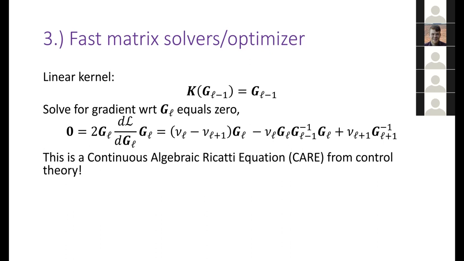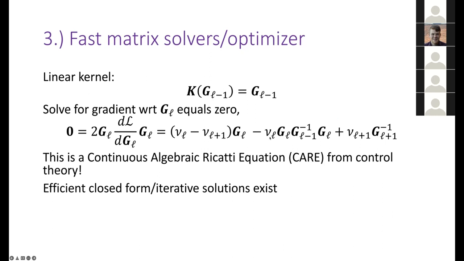They give us a stack of very efficient solution methods. There are methods based on iterative approaches, and there are even closed form solutions based on eigendecompositions of slightly extended matrices. But fundamentally, this is roughly analogous to a matrix inverse in terms of the amount of computation you have to do.